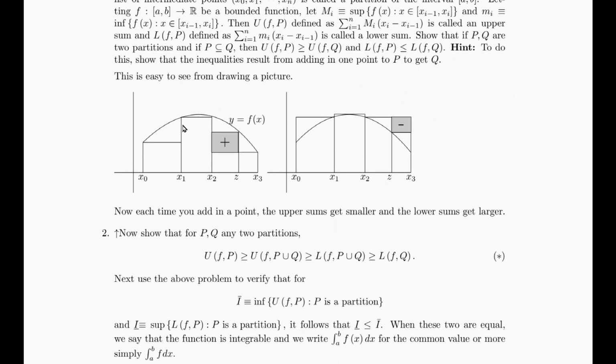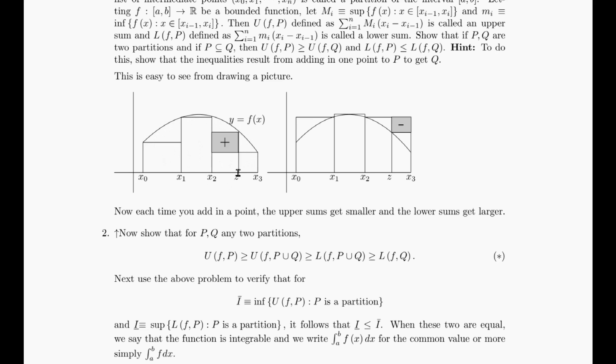So here I have a function, and this would have been a lower sum approximating the material underneath the graph of this function.